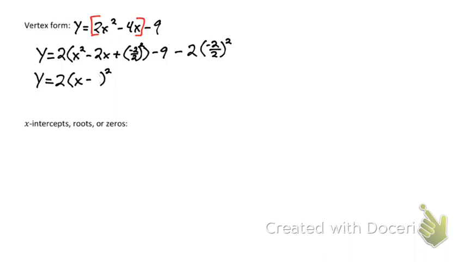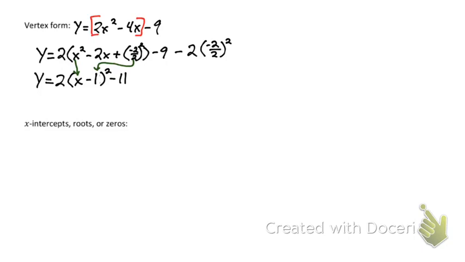I was trying to go too fast. It'd be a negative 1 because that would be a negative 2 over 2. Then we're going to have negative 9 minus, well, negative 2 over 2 is negative 1, and negative 1 squared is 1, times 2 is 2. Negative 9 minus 2 is negative 11.